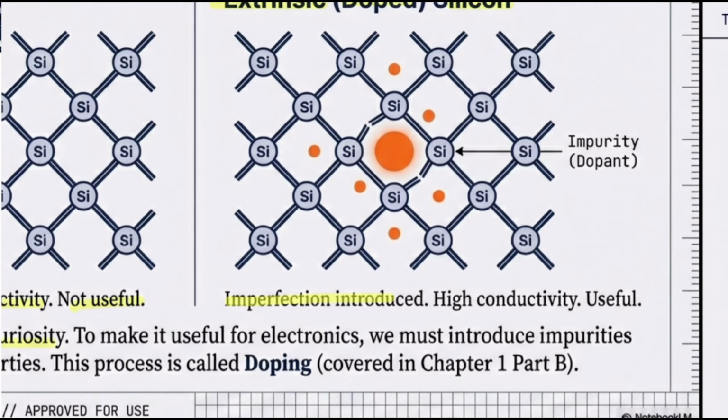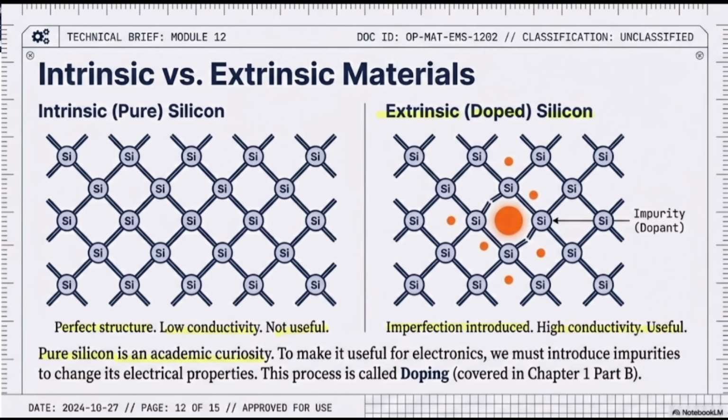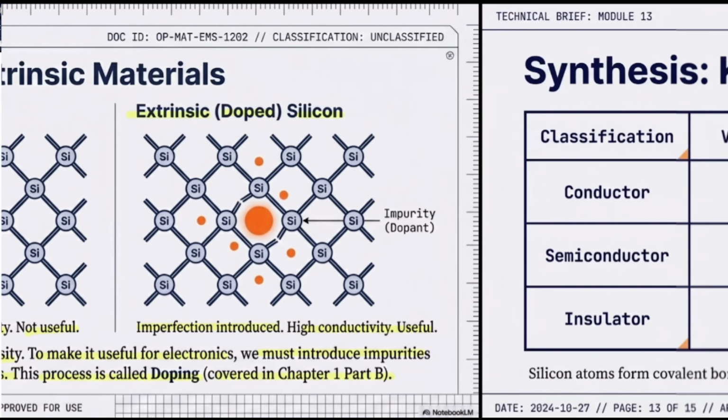We are going to make imperfection, which means high conductivity, and it's going to be useful based on how I control them. As I just mentioned, pure silicon is an academic curiosity. To make it useful for electronics, we must introduce impurities to change its electrical properties. This process is called doping. We will talk more about it in the next chapters.